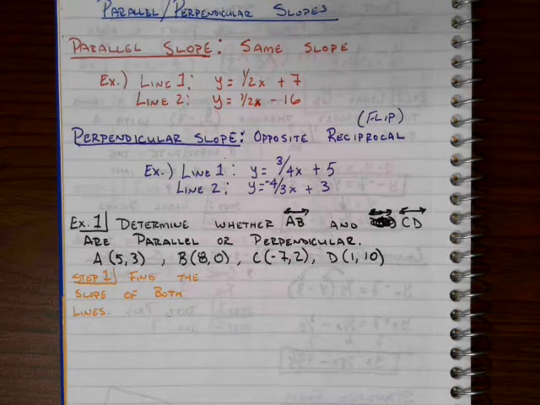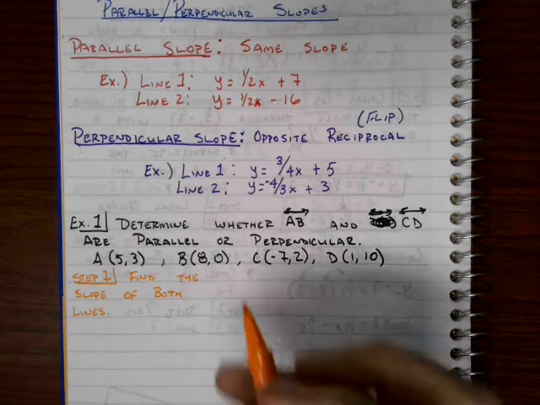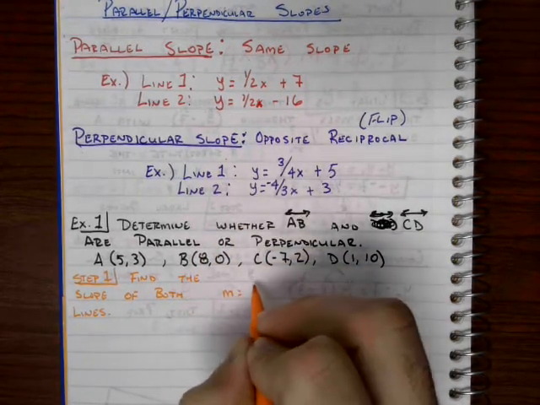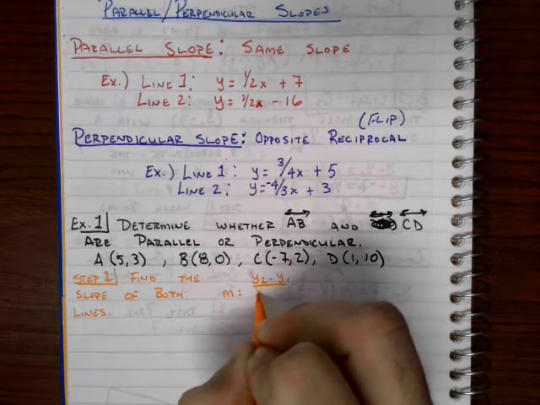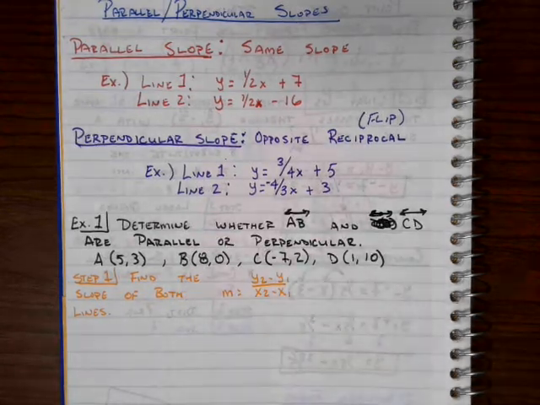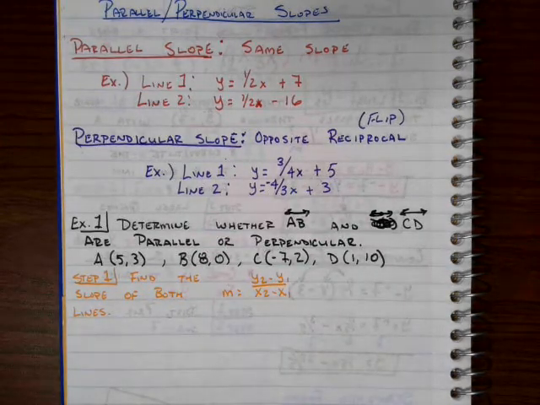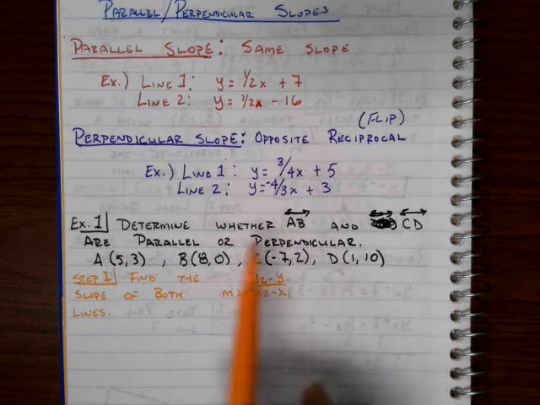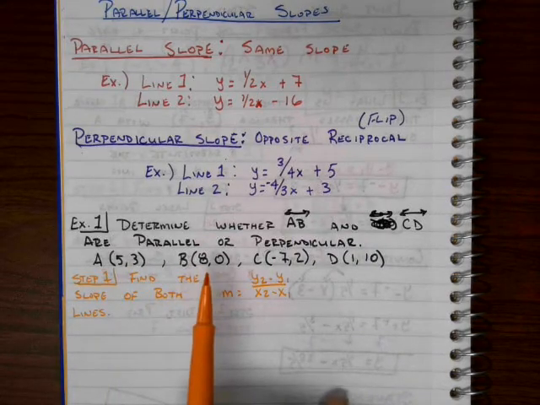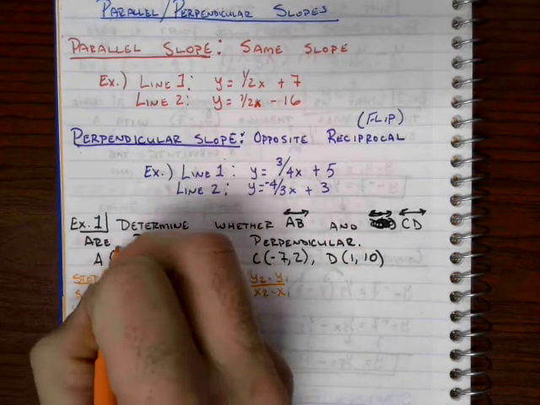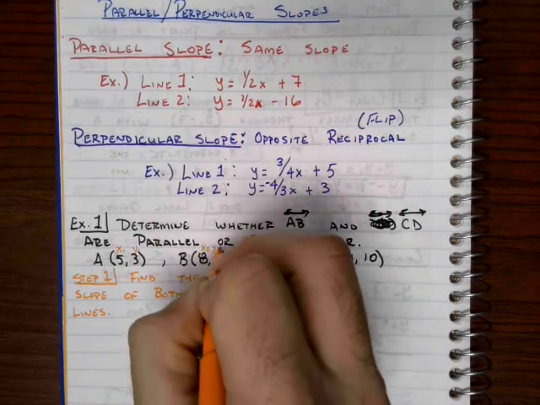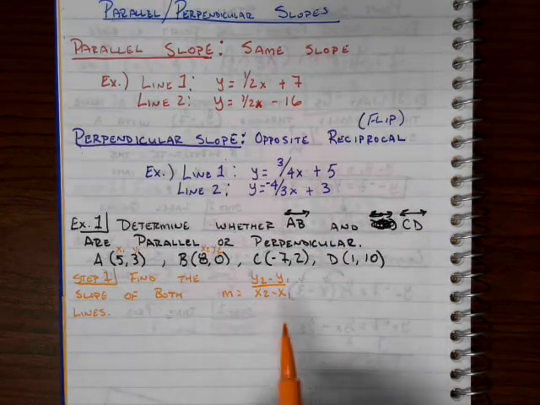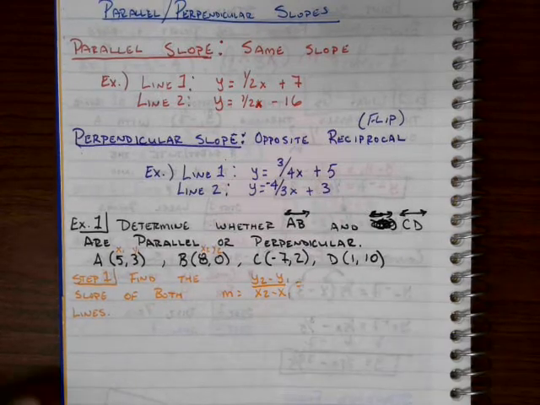And remember, the way we find this slope is from our slope formula. We got m equals y2 minus y1 over x2 minus x1. All right, so I know because it says line AB, A and B go together. So if I label these x1, y1, x2, y2, let's just sub these in and determine the slope of our first line here.